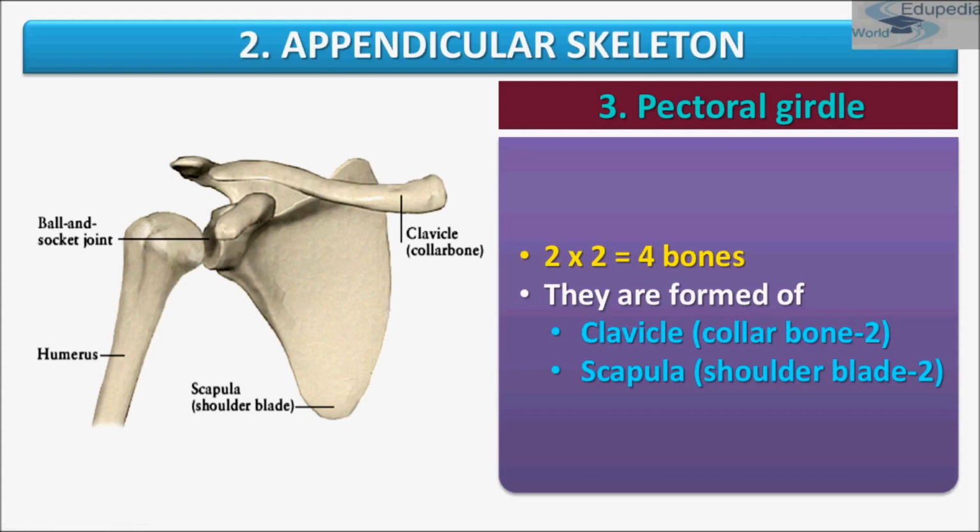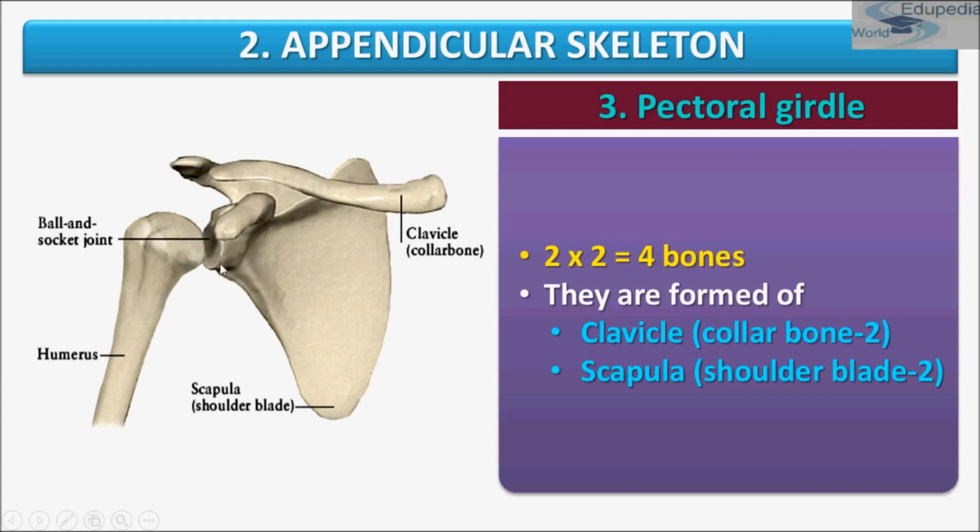Just know that I have taught you the bones of the forelimbs. This is your humerus, which is a bone of a forelimb. It articulates with the scapula, and the type of joint is a ball and socket joint.